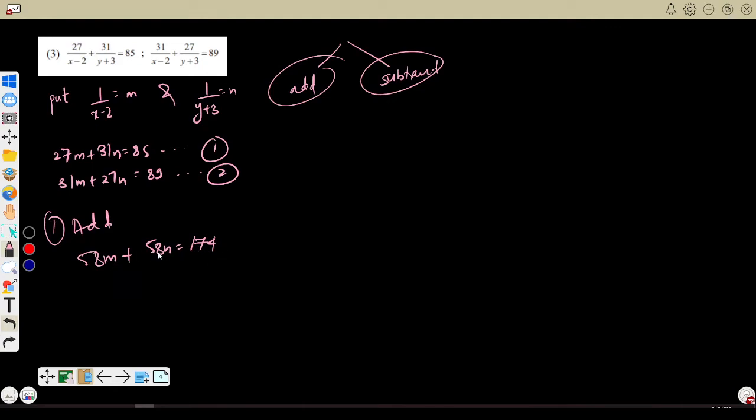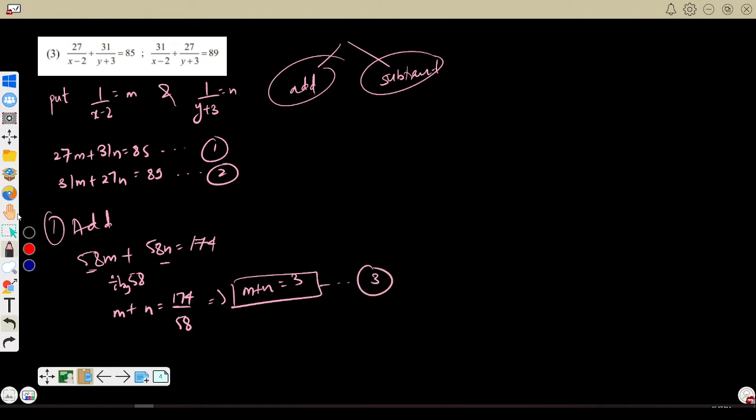Again, if you want, you can simplify this, because the coefficient of m and n is the same. If you divide this equation by 58, the equation will be m plus n is equal to 174 divided by 58. This turns out to be m plus n is equal to 3. Yes, this is the new equation.